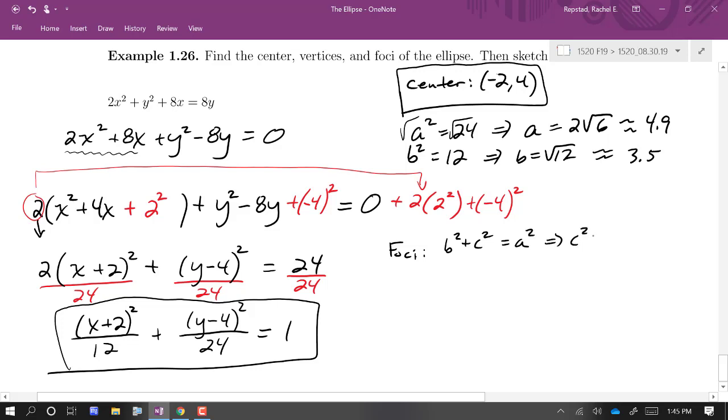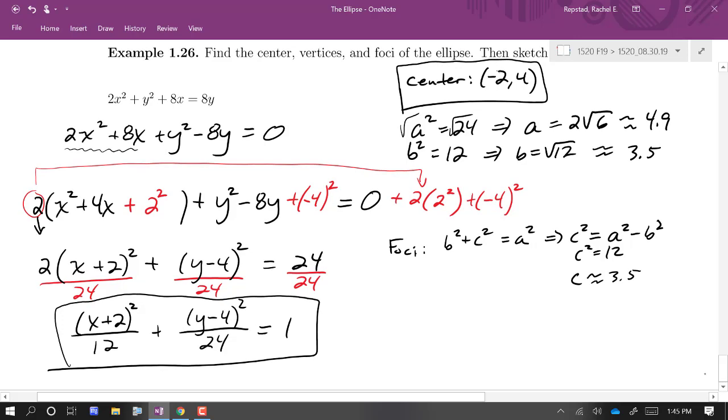So c squared is a squared minus b squared, which is 12. So c is root 12, which is going to be about 3.5 again. We haven't found the foci yet. We just found the value of c. So a, b, and c just give us distance from the center.